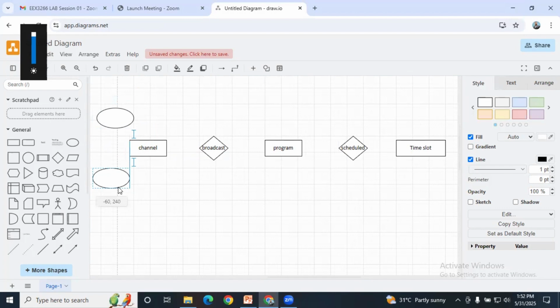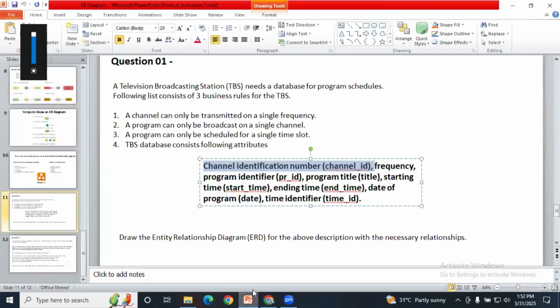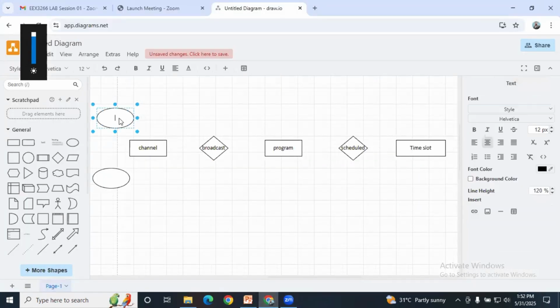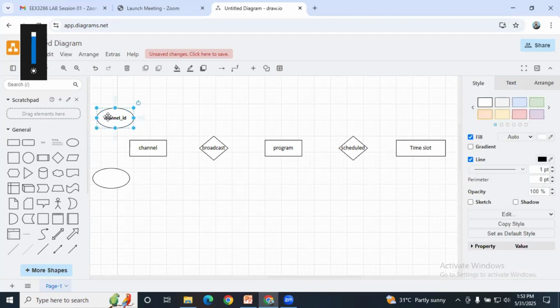The first attribute is the channel identification number, represented with the channel ID. So you can paste it here. Okay. So tell me, it is a unique attribute of what?